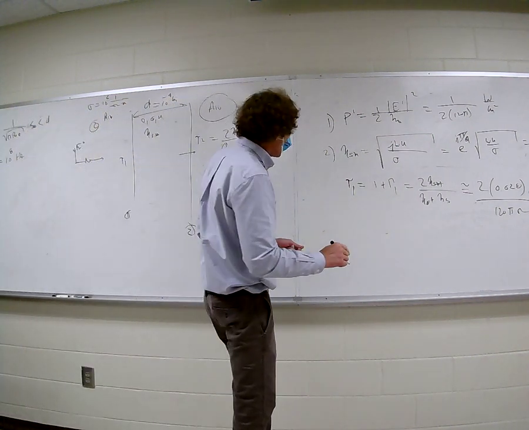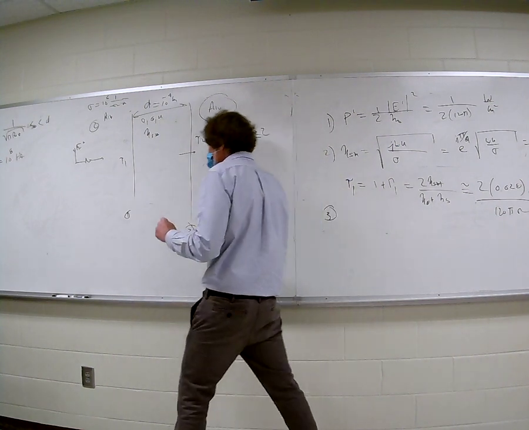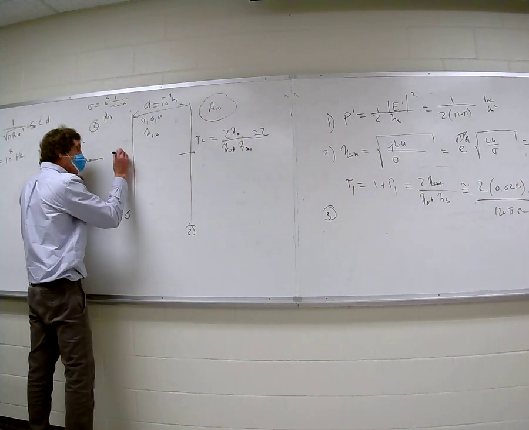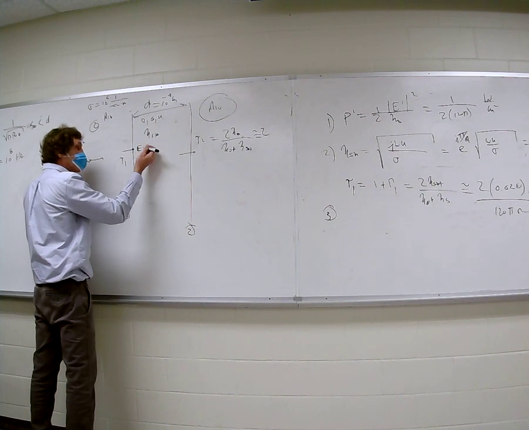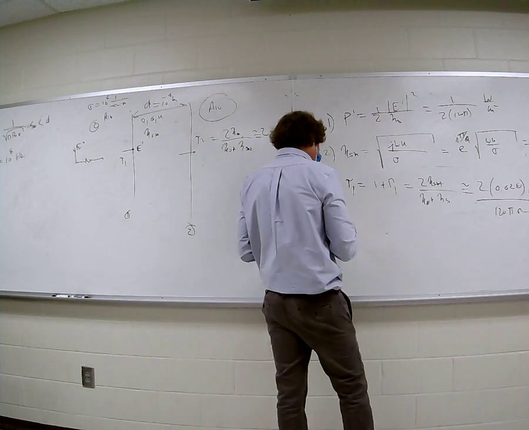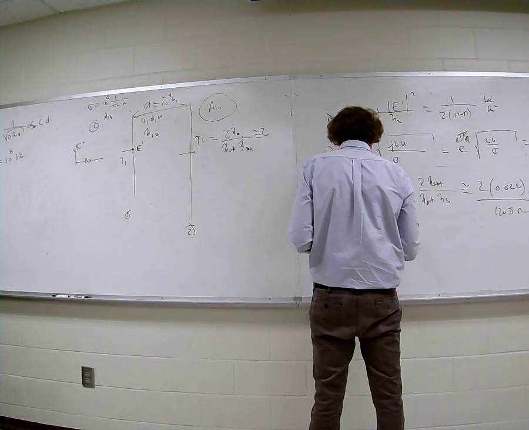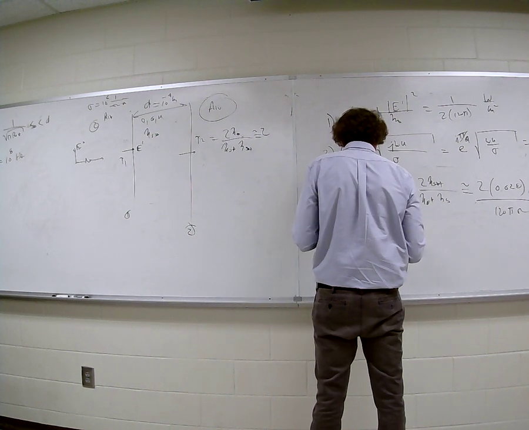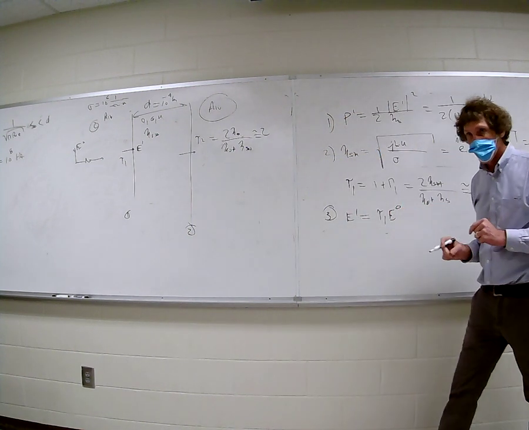So now, when I take a look at the transmitted field right in here, this is what I wanted. I wanted to know what E was right there, just inside of the shield, and I can call that E prime, if you will. Well, E prime here, the magnitude at least, would be what? This is just inside the shield, would be the transmission coefficient, right, times E naught incident. Do you agree with me?